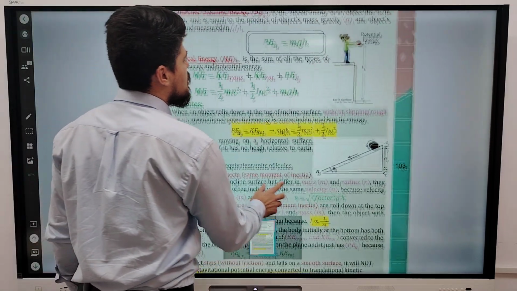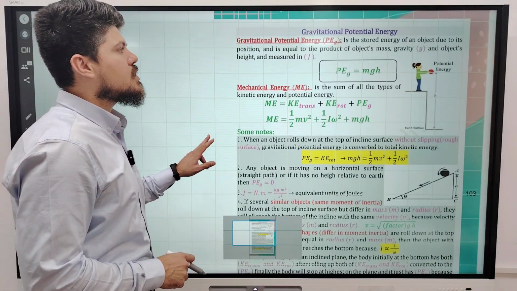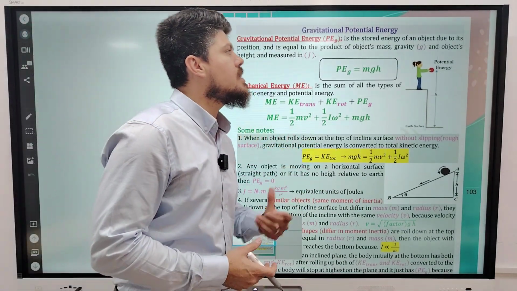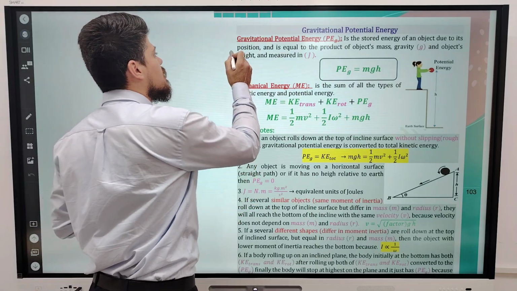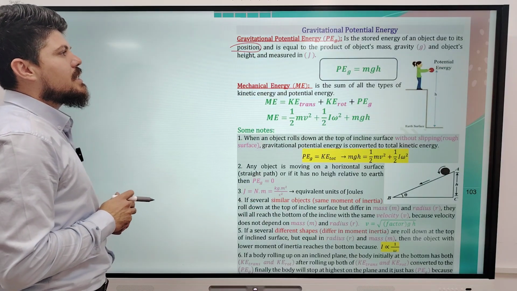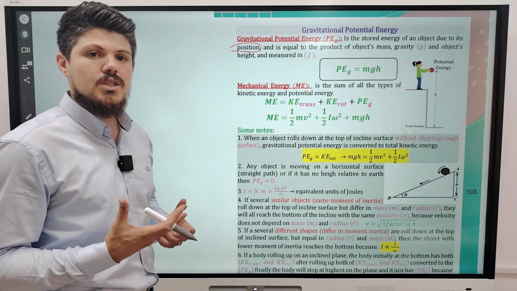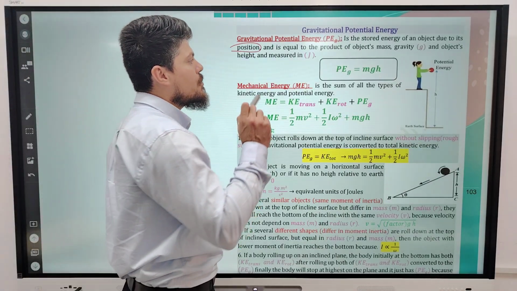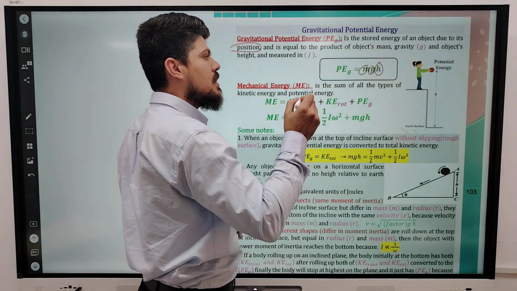Now, gravitational potential energy, which you studied in grade 11. What is gravitational potential energy? It is the stored energy of an object due to its position. For example, when an object is placed at some height, the object has potential energy. So the potential energy depends on mass, gravity, and height.